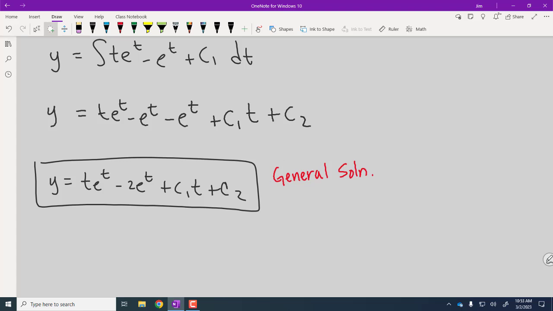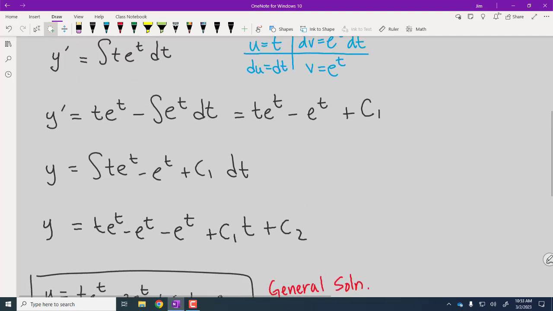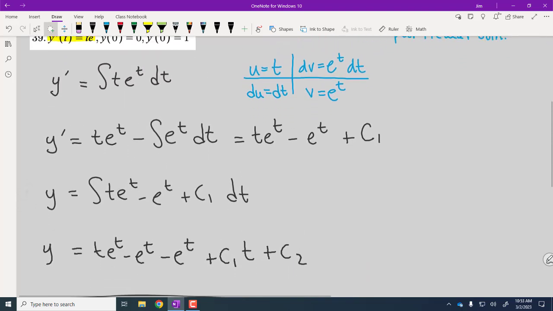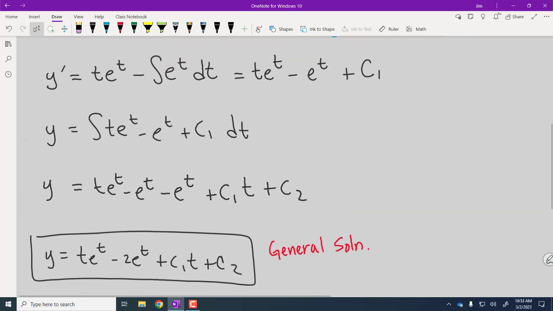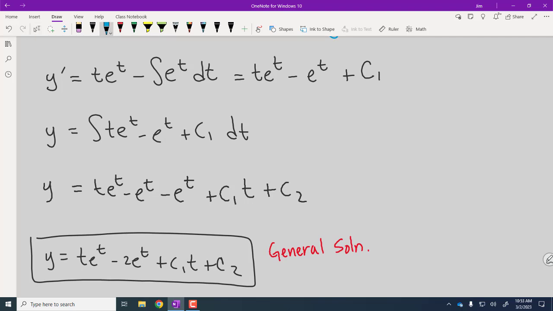That will work, right? Okay, so there's our general. And then if we want to get our particular, the particular has initial values. Let's see, y prime of 0 is 1. So we're going to come up here. This is y prime right there. So y prime of 0 is 1.